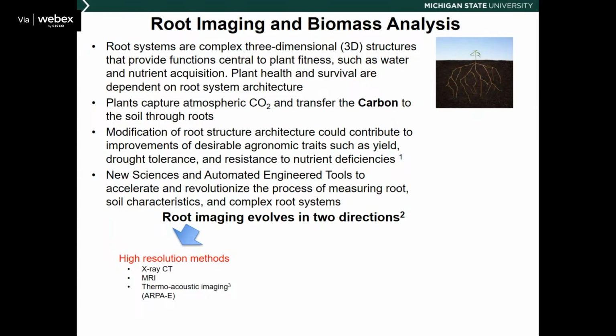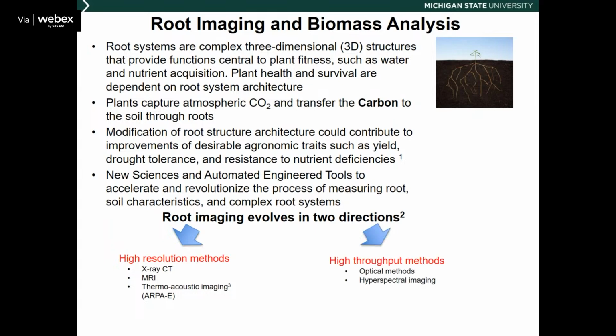This is an ARPA-E DOE project done by Stanford. I give a reference there so you can read it if you are interested in using thermoacoustic imaging. We also did that for biomedical application. I showed that to you in my introduction slides. The purpose there is to get high resolution, high spatial resolution.